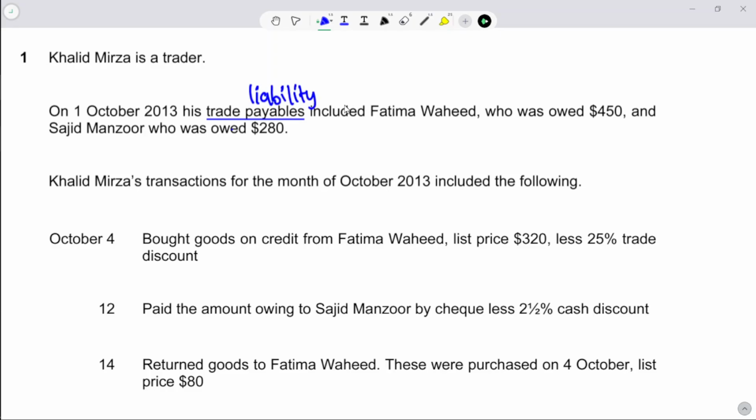So this one on first day, it actually balance BD. So for liability, the balance BD will be credit. Liability we credit, right? This amount is also balance BD, so we also credit.